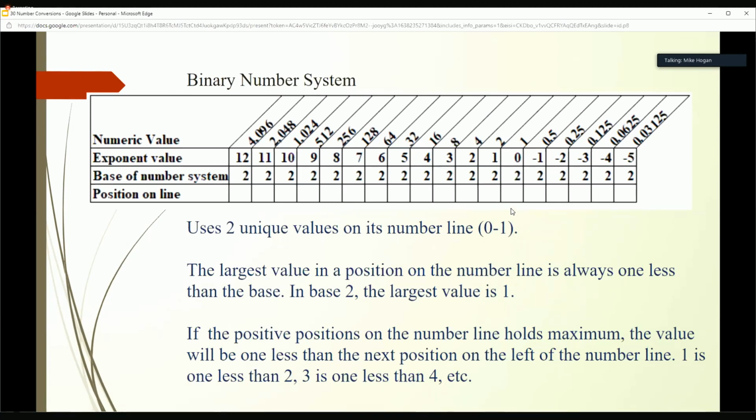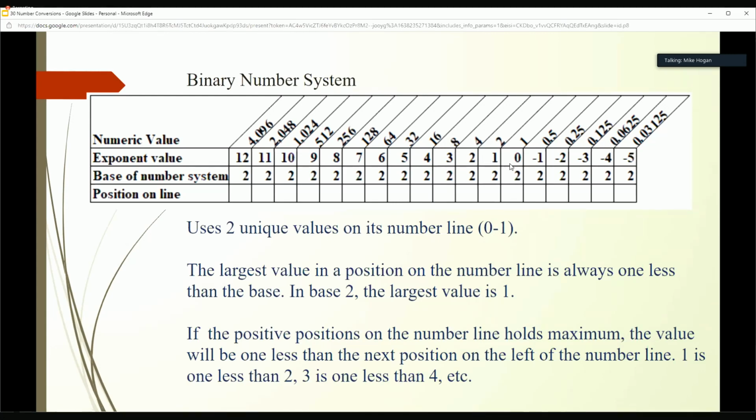When we're looking at the decimal again, remember, basically what we've done is we've taken this base and raised it to an exponent. We took 10, raised it to 0, we get 1. Anything raised to a power of 0 is always 1. Then we took 10 to the power of 1, and we got 10. 10 to the power of 2, we got 100, right? And so we got our weights. That's how we got our weights.